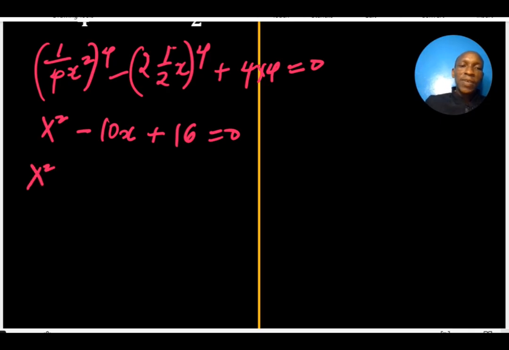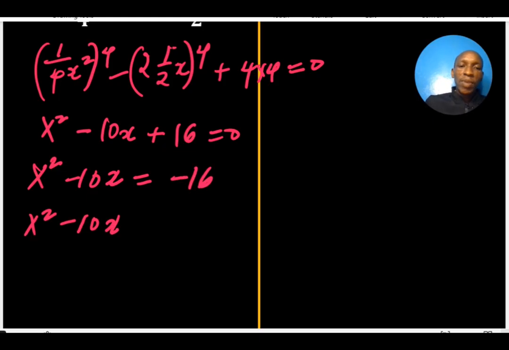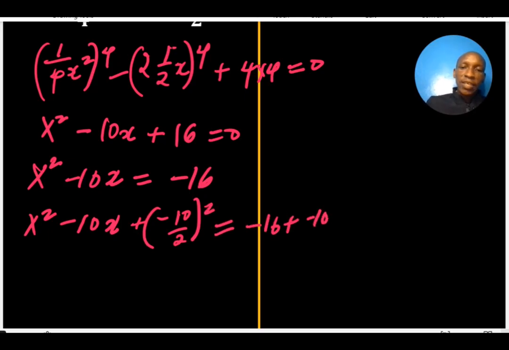So we shall have x squared minus 10x is equal to negative 16. So this one gives us x squared minus 10x. Then we now complete the square. c is going to be negative b over 2 squared, and in this case we shall have plus negative 10 over 2 squared is equal to negative 16 plus negative 10 over 2 squared.